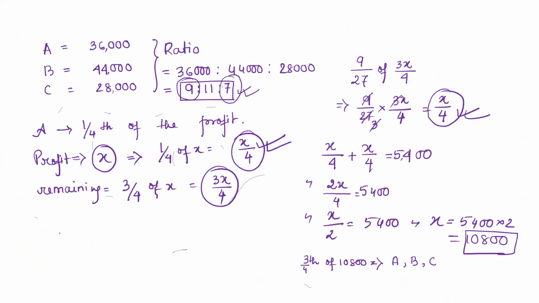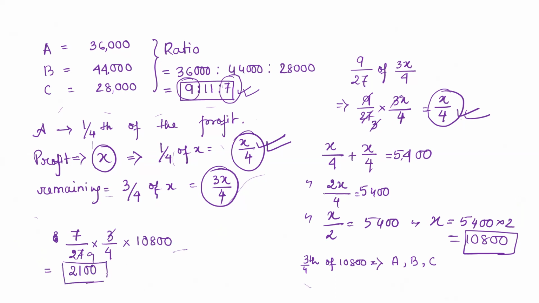So 7 by 27 into 3/4 of 10800, which is equal to, if you cancel it out, you will get 2100.